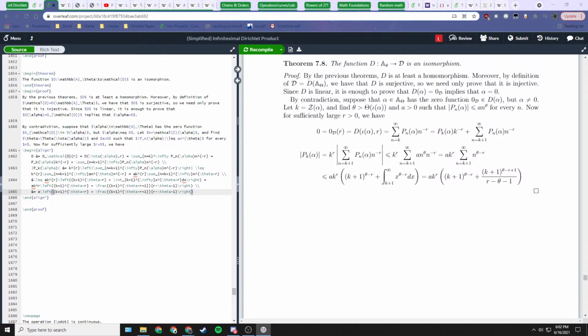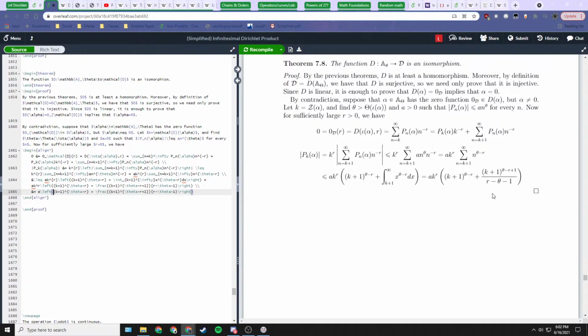Hold on, let me think this out. This is the dominant term. The extra k plus 1 is just a constant.